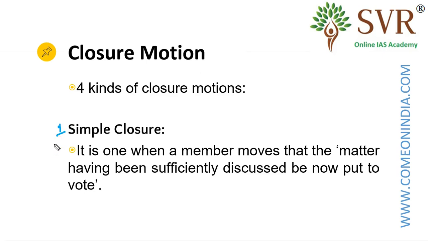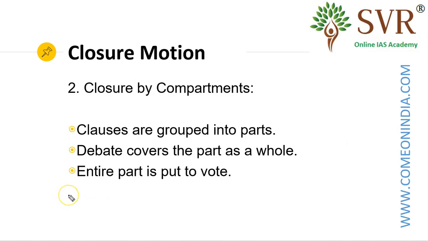First let us see about the simple closure. The simple closure motion is moved when the matter which is on the debate of Parliament is already sufficiently discussed, and in such cases a member can move the simple closure motion in the House to put that matter into the voting process. The next closure motion is the closure by compartments.